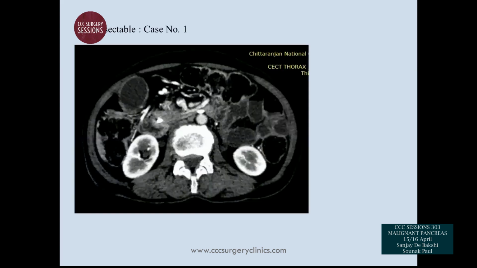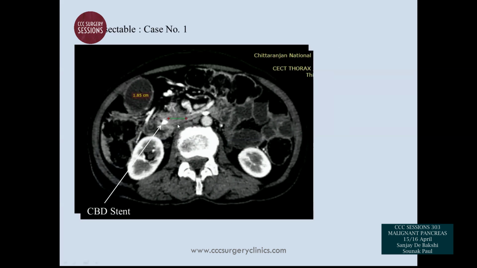I'll come to a first case. There is a focal hypoenhancing area in the uncinate process of the pancreas, less than 2 centimeters in maximum diameter. There is some perilesional fat stranding anterior to the lesion, which does not extend up to the superior mesenteric vein.